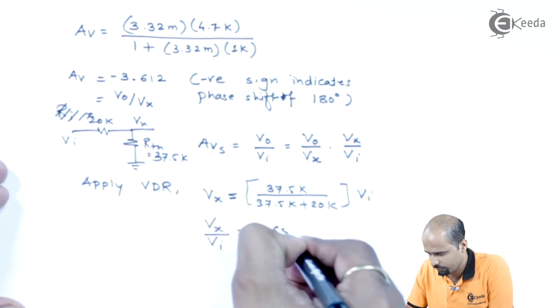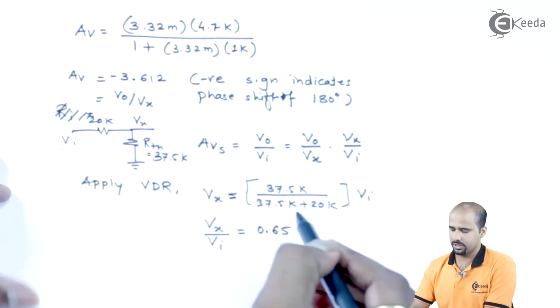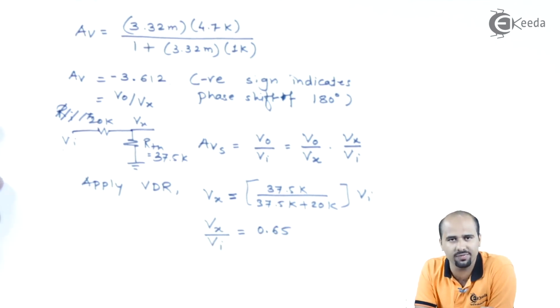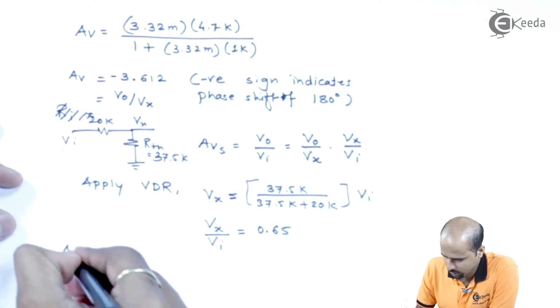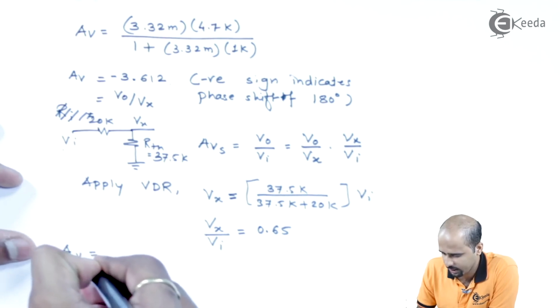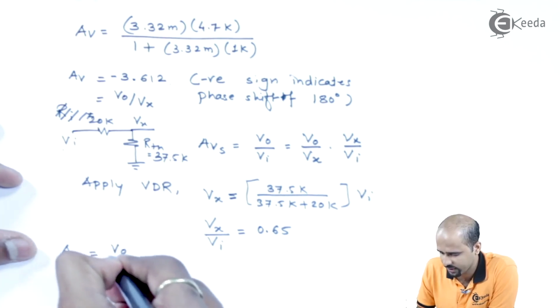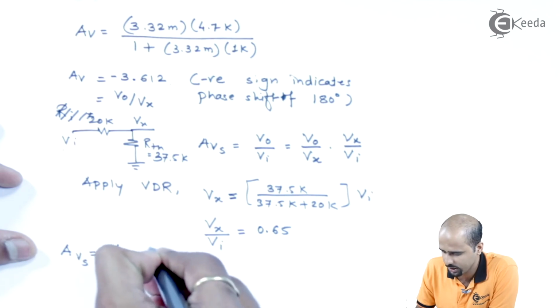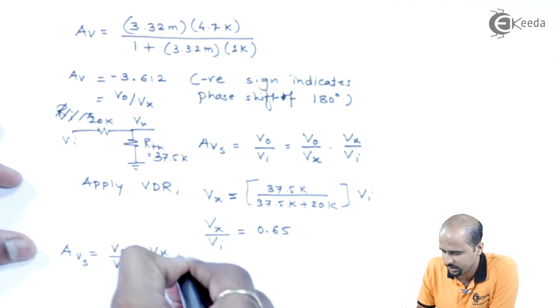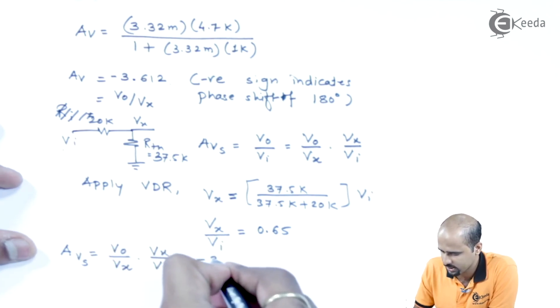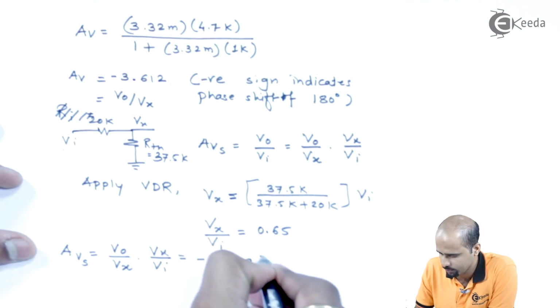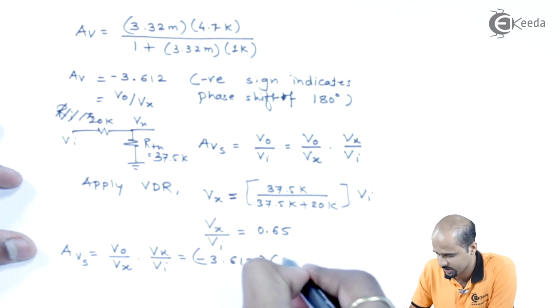So we can comment that if we put the value of the source resistance as high, my gain will get reduced. The gain AVS is VO divided by Vx multiplied by Vx divided by Vi, that becomes minus 3.612 multiplied by 0.65.